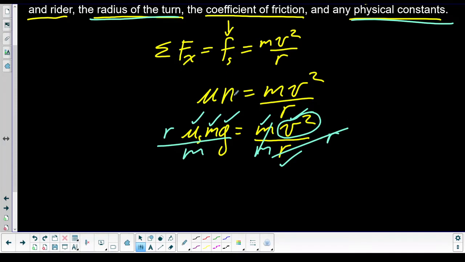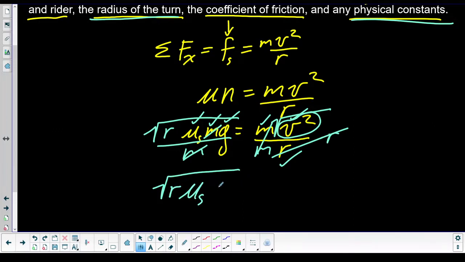The friction is using the normal force, and the normal force is equal to the weight of the object, which is me and the bike. So these two masses are the same thing, so they cancel each other out. And then the last thing we need to do is take a square root to get rid of this squared. So we can simplify this to the square root of the radius of the turn times the coefficient of static friction times g equals the velocity of the bike.